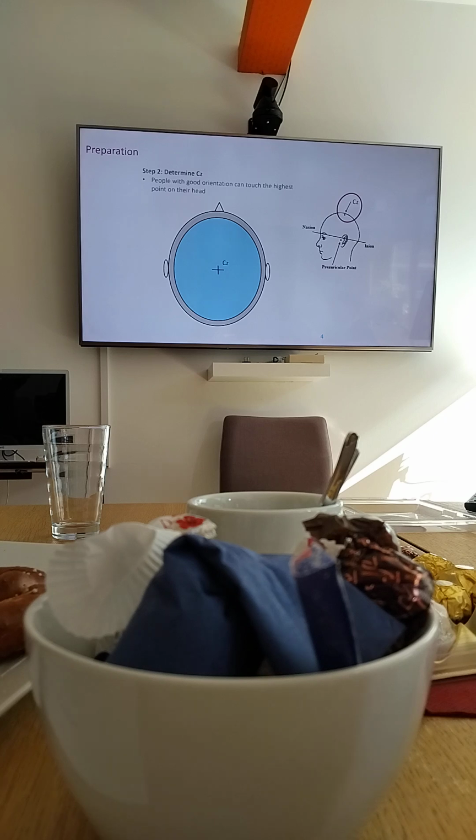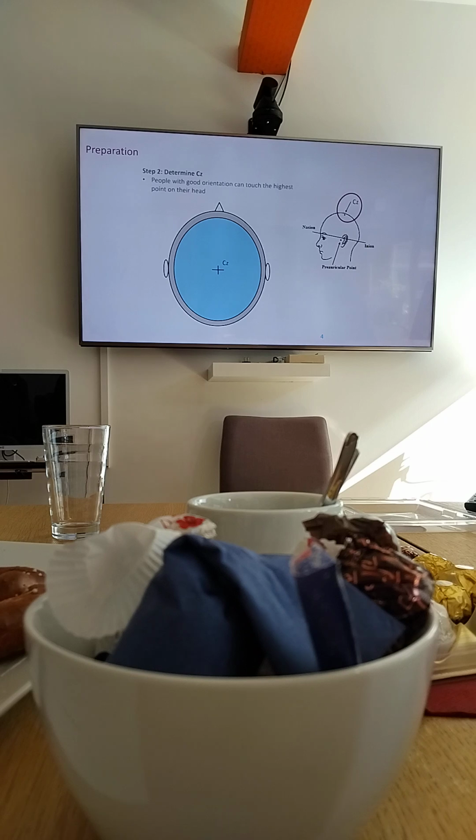This gives you a first indication. Try it, exactly. I'm pretty sure both of you are now pretty close, maybe even perfectly matched the vertex. This is a very important point to determine the other points.